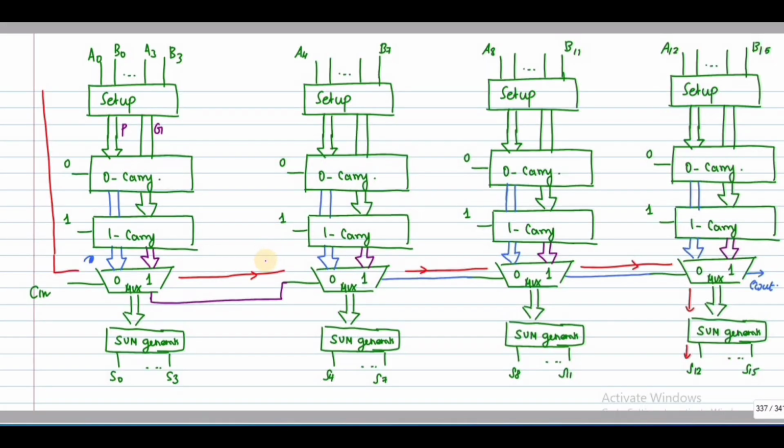In the carry select adder, the red line represents the critical path. You can see you have a T setup and either the 0 carry or the 1 carry will be selected. For that you require M into T carry, where M represents 4 bits, and totally this is a 16-bit adder. I have split it into 4 bits, so M is equal to 4 bits.